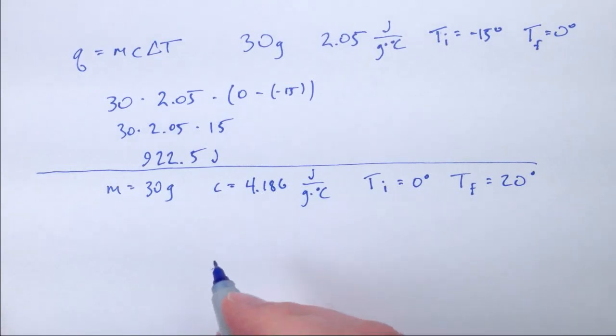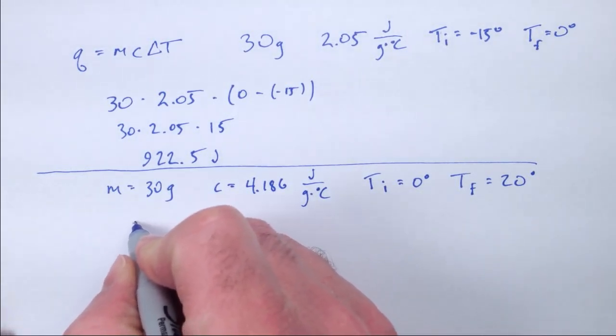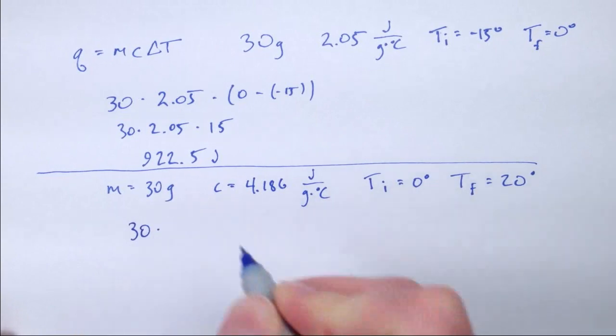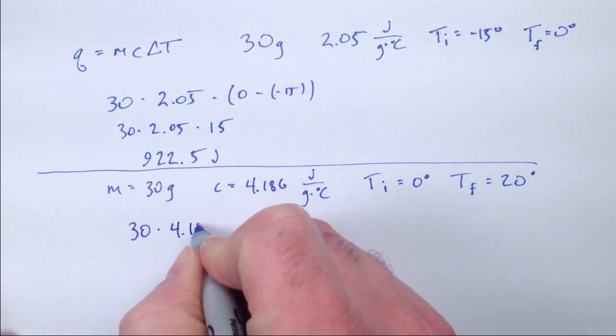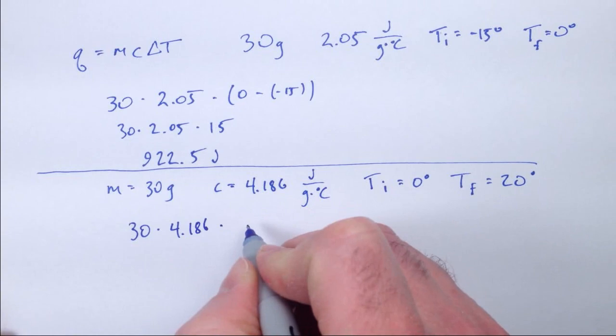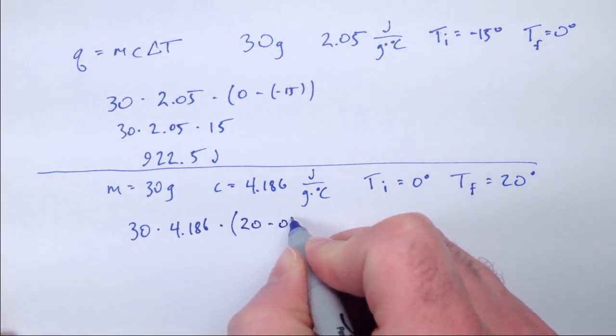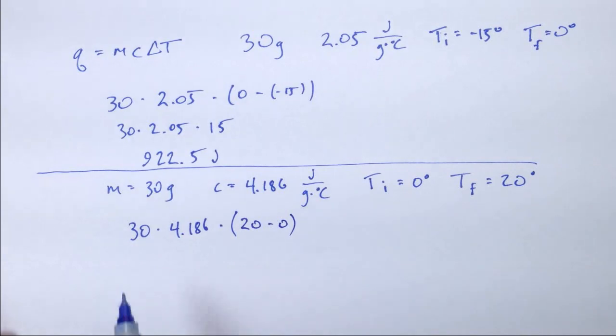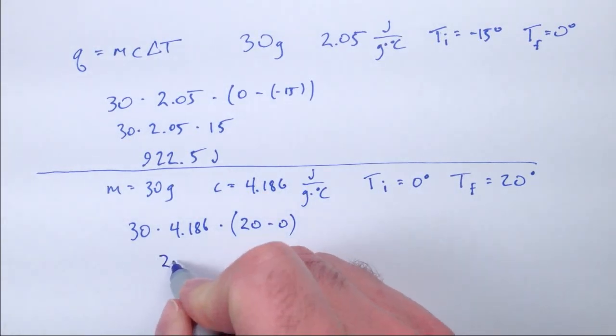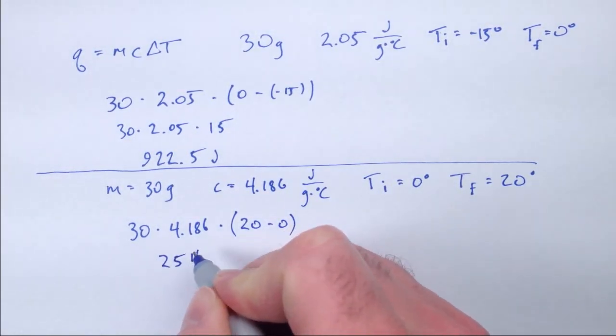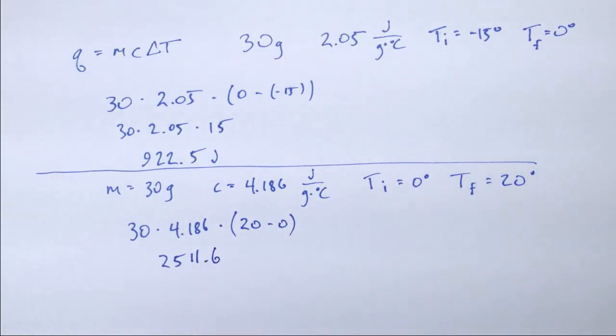Once again, assuming you've done that, if you substitute the values in, we're talking about mc delta T. In other words, 30 times 4.186 times 20. And the calculator says that's 2,511.6.